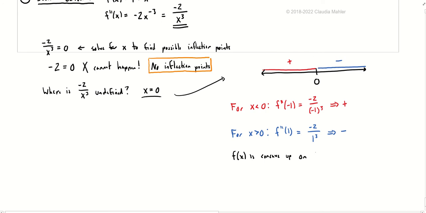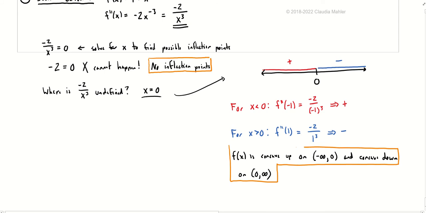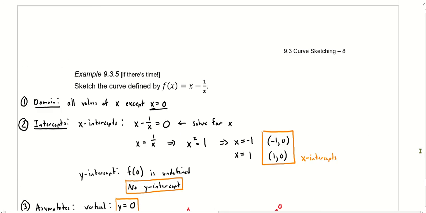So it's going to be concave up on the interval negative infinity to 0, and concave down where our second derivative is negative, on the interval from 0 to positive infinity.